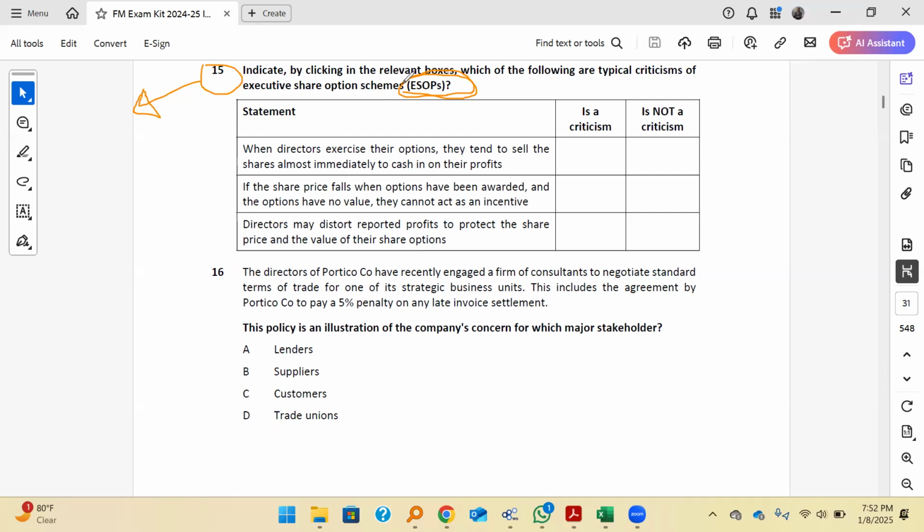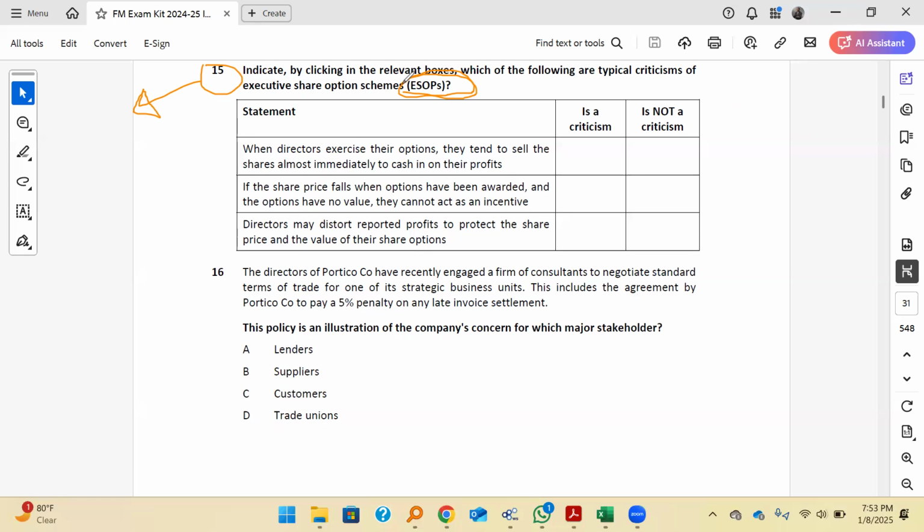So if you stay within 5 years, and they could have conditions that maybe if you have achieved this much profitability over those years. So those are some of the things that can be there. But the options basically allow the directors to essentially become part owners of the company.